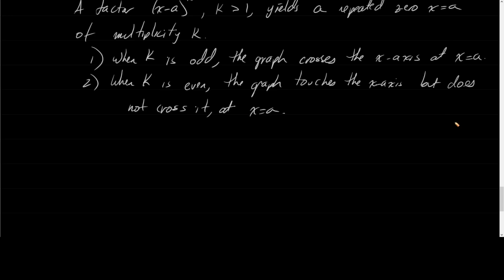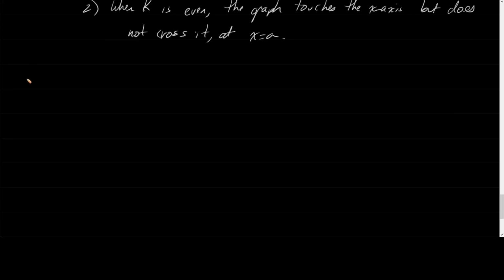So let's see an example. We're going to sketch the following: f of x is equal to negative 2x cubed plus 6x squared. First, we need to find the multiplicity of all the zeros.